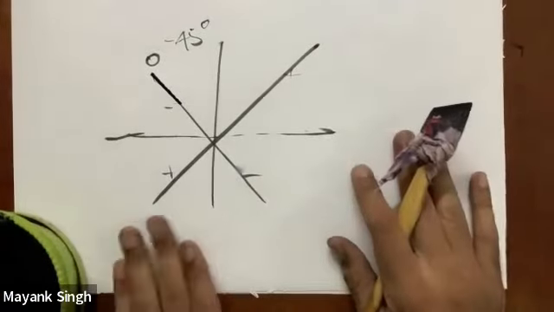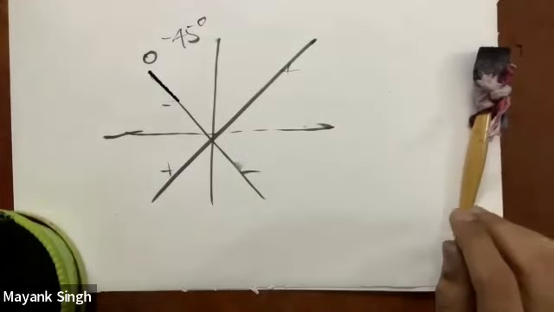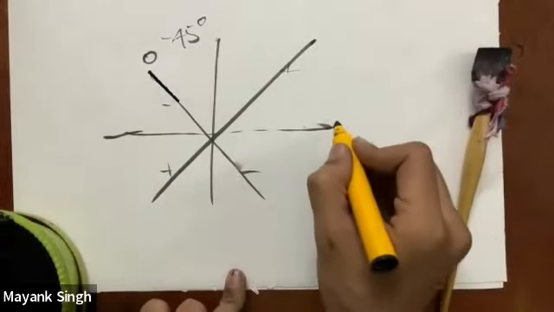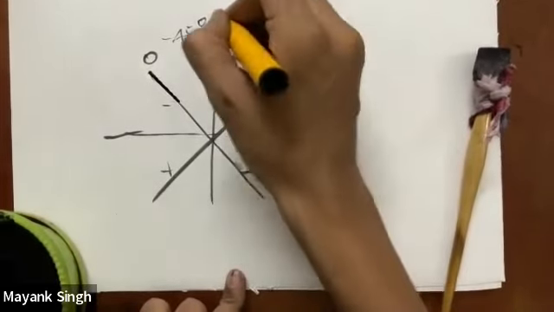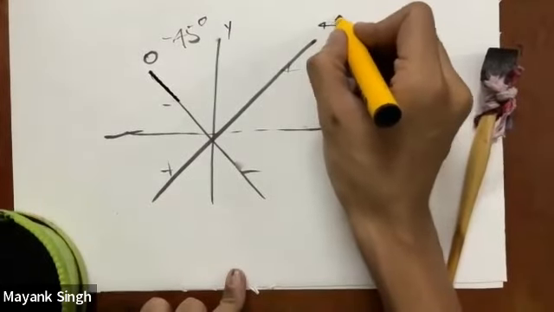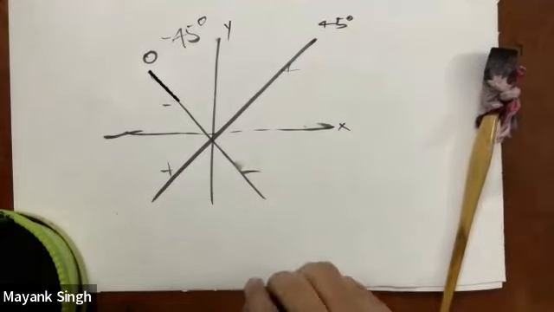So you see, this is the graph that I'm talking about. So these are X and Y axis. And these are sort of angles. Hello?